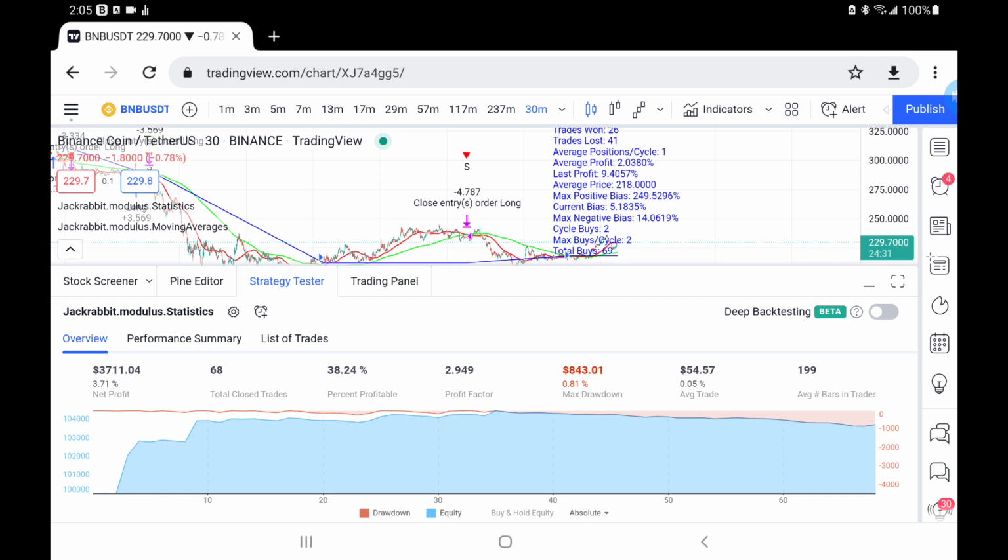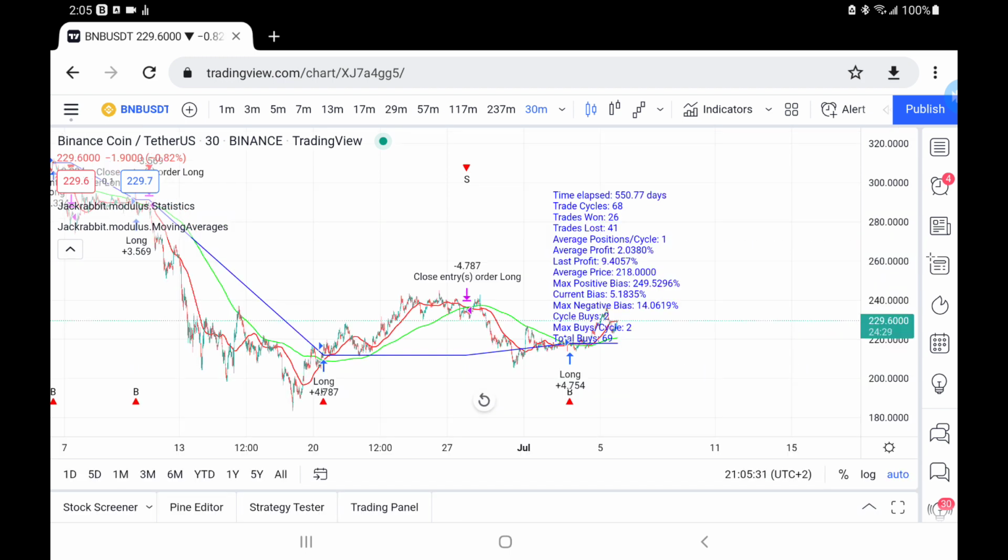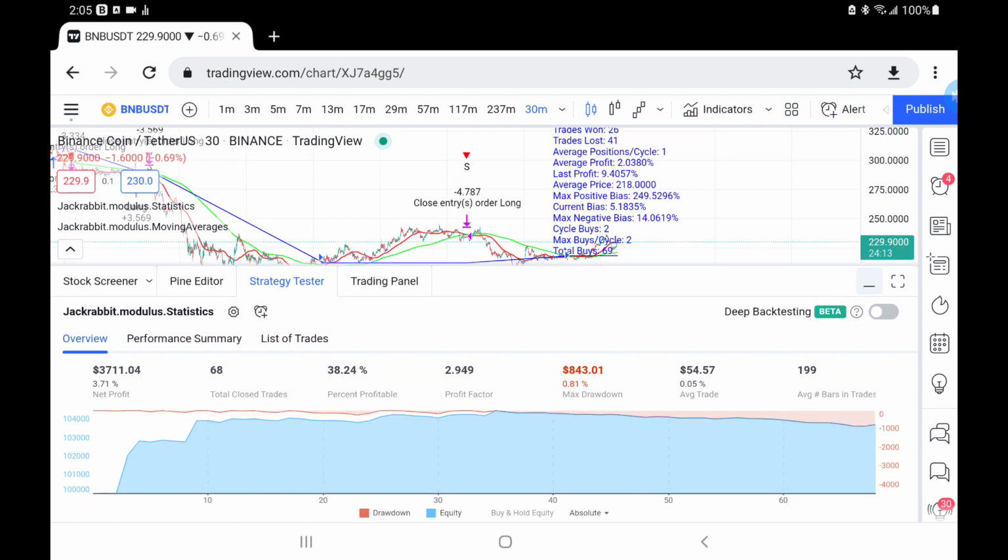How long is a 30-minute run? A year and a half. $3,000 in a year and a half. That's not bad. That's reasonable. But let's keep going. Let's see if we can get better.